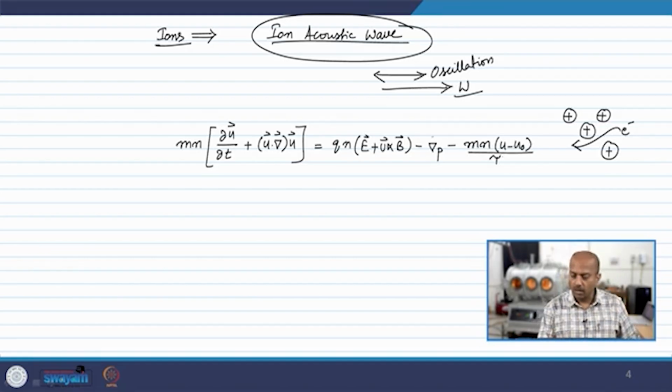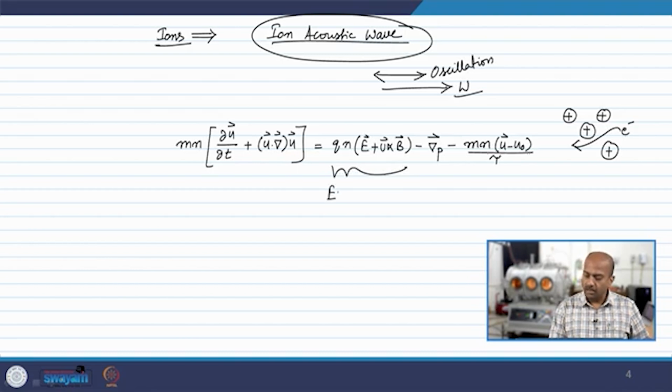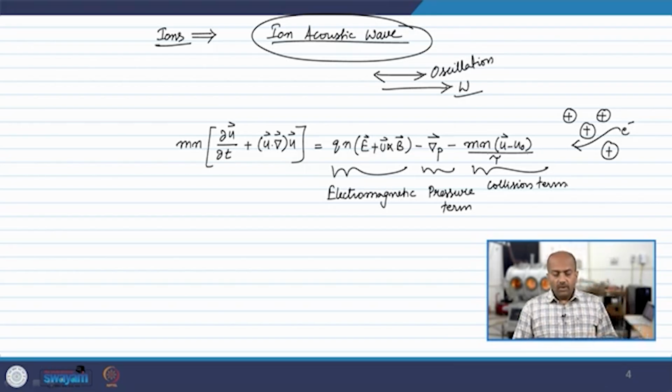Just to recall the terms on the right hand side: you have this one, which is the electromagnetic term, which constitutes the effects of electric and magnetic fields on the plasma, this one is referred to as the pressure term, and this one is the collision term. When we talk about acoustic waves, it is obvious that there is no role of the electric or magnetic field.